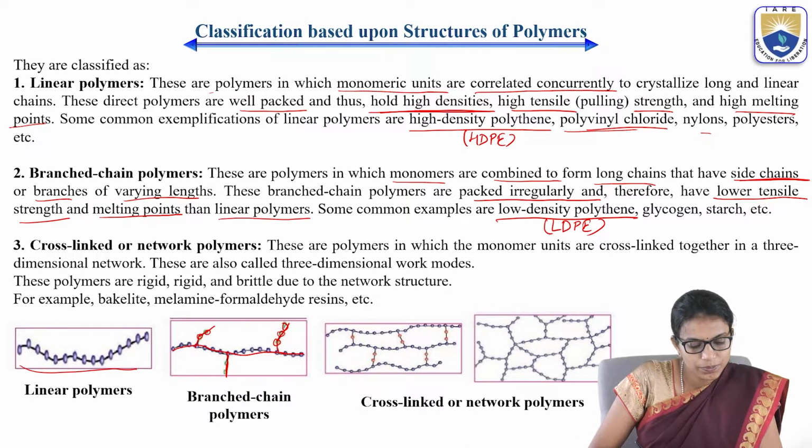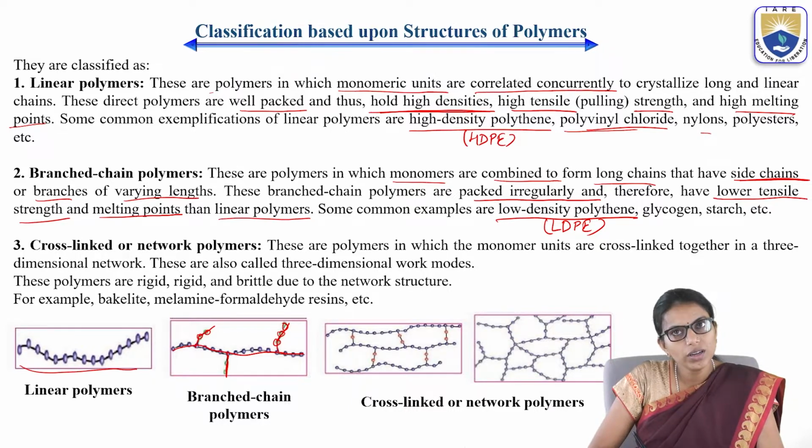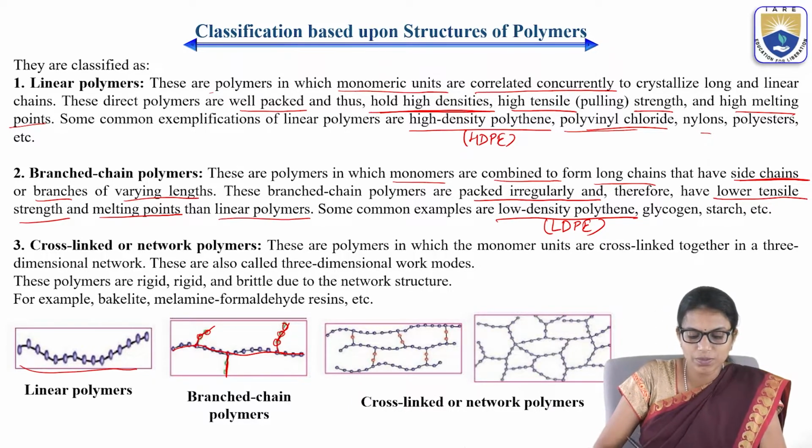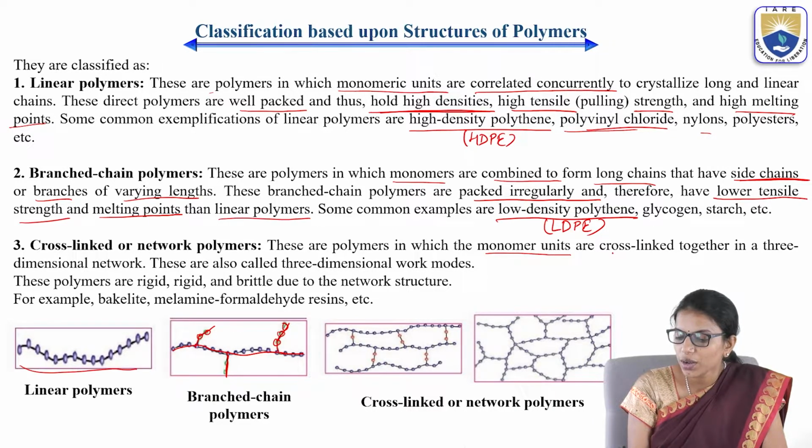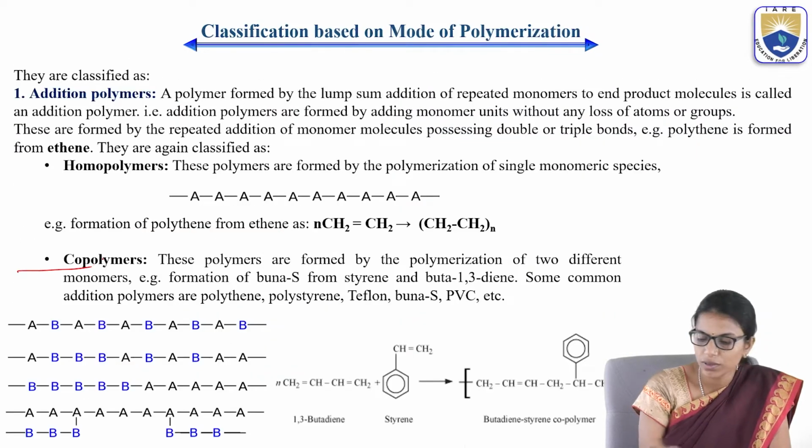Now coming to the third part, that is cross-linked or network polymers. This is an example of a cross-linked and network polymer. These are the polymers in which monomer units are cross-linked together in a three-dimensional network.